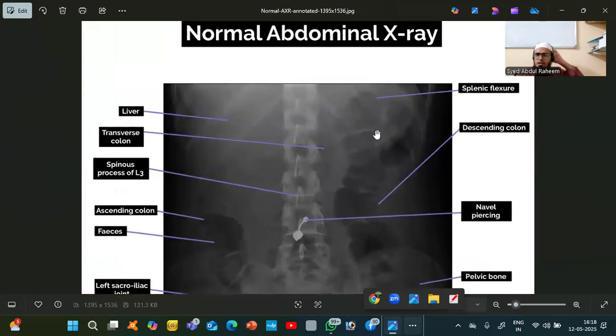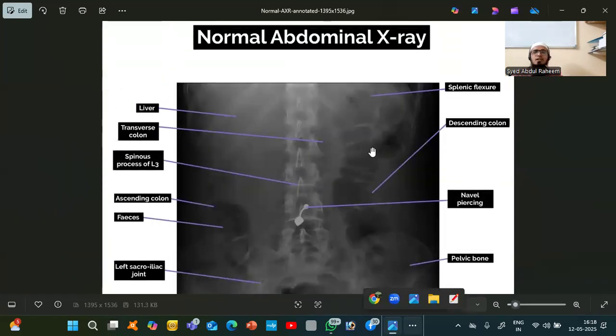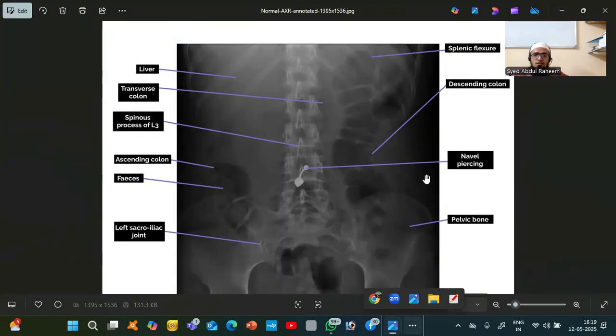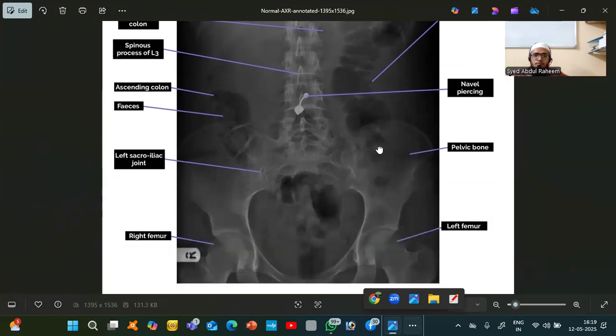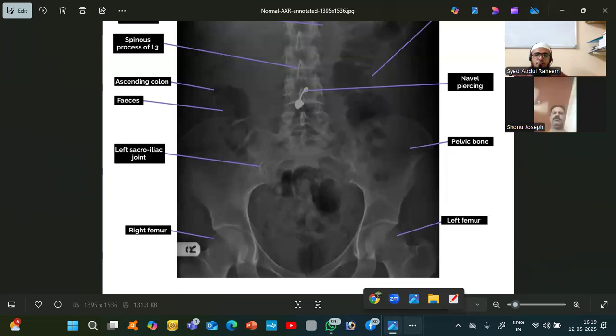You can see the abdomen starting from the diaphragm. This is the spleen, splenic flexure. This is the descending colon. This is the navel piercing. This is the pelvic bone, and the right femur and left femur.